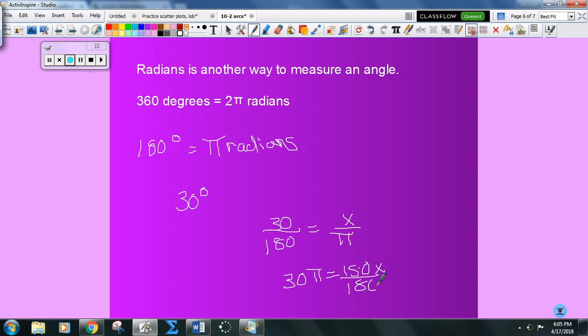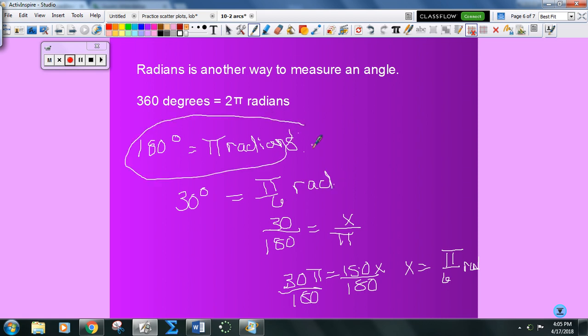Divide by 180, and x is equal to pi over 6 radians. So 30 degrees equals pi over 6 radians. They will give you this conversion on your reference sheet for your regents. I will not.